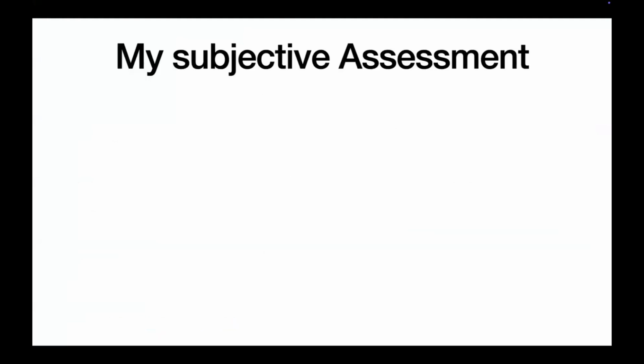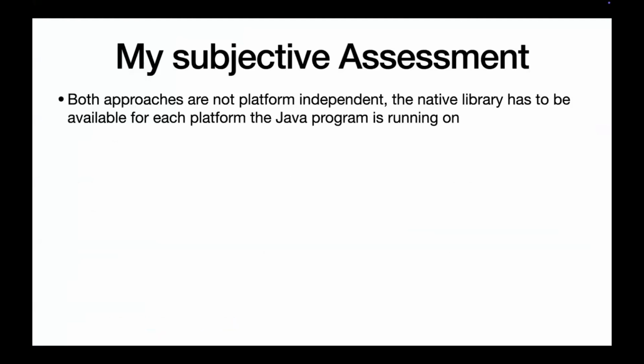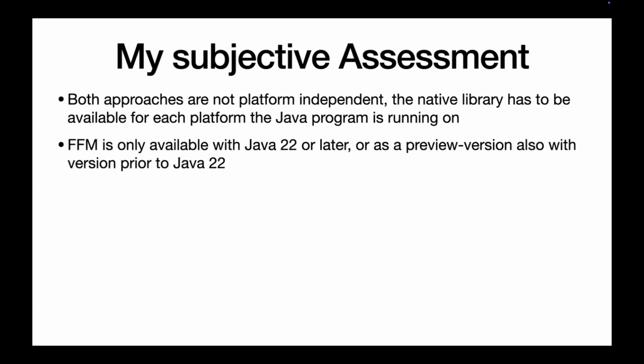So my subjective assessment is, okay, both approaches are still not platform independent, since you have this native library you want to call, which is different for Windows or Mac or Linux. So that's the fact. But if you have Java 22, you can use the foreign function memory API.